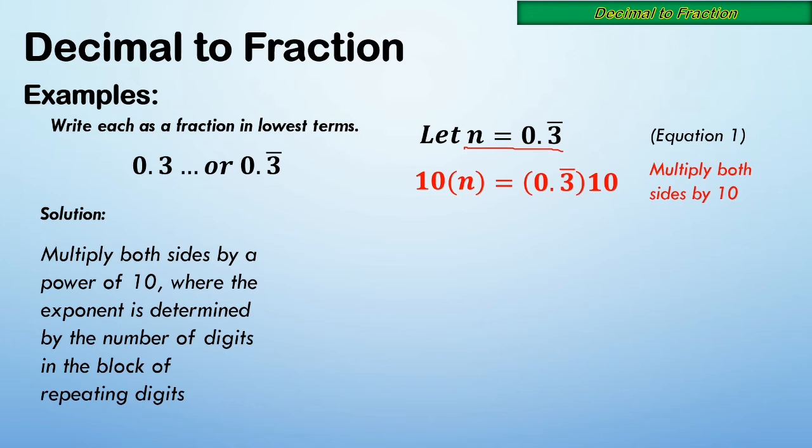Okay, multiply rin natin ng 10. Ang mangyayari, 10 times n is 10n is equal to, yan, multiply ninyo, that is 3.3 and 3 na may line sa ibabaw. Okay? That is our equation 2.